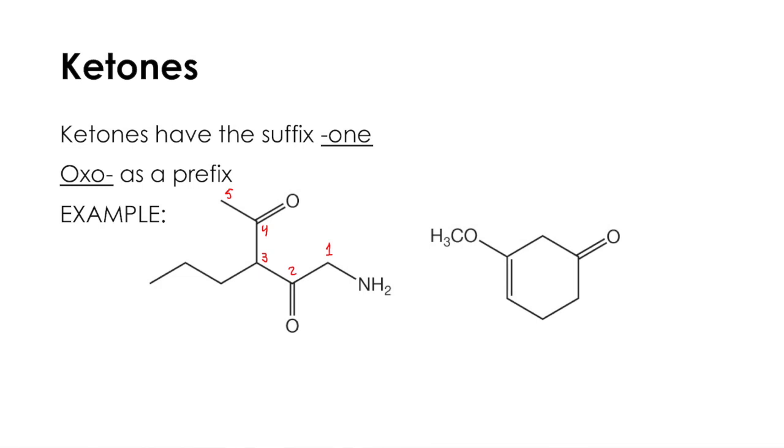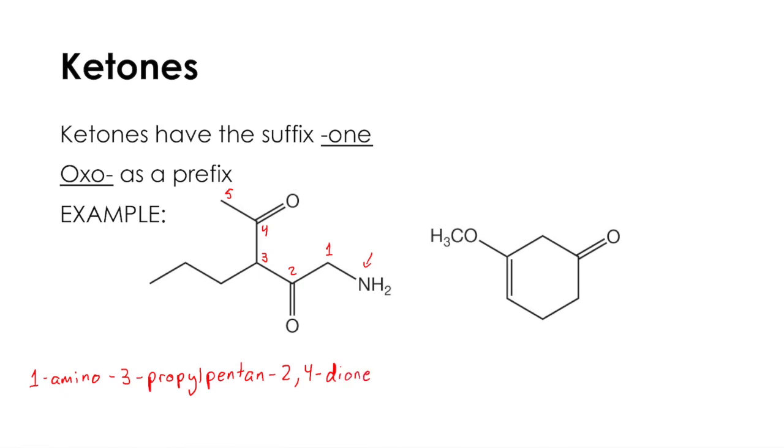So to name it, the first group is amine because that is now a substituent, and so I call it 1-amino. In alphabetical order, the next thing is the propyl, and that's on carbon 3. And then the backbone is a pentane, so pent, and because there are two ketones, we will call this 2,4-dione, like that.